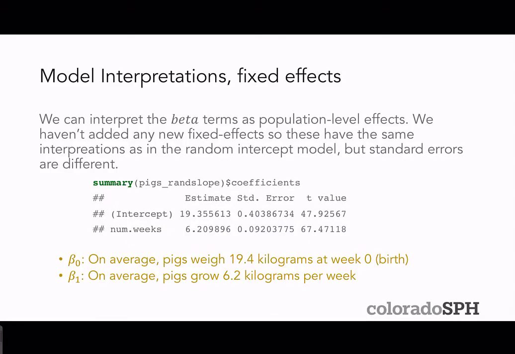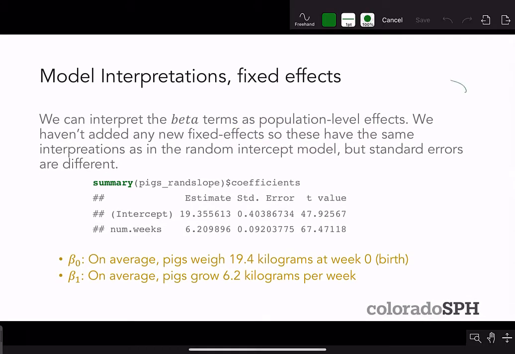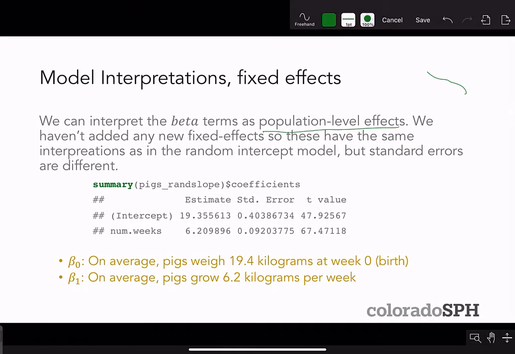Again, we can interpret the fixed effects in this model much the same way as we would interpret the fixed effects in a regular or ordinary least squares model. And these are interpreted as population level effects. And because we haven't added any new fixed effects to the model, we have the same interpretations as last time with the random slope model.